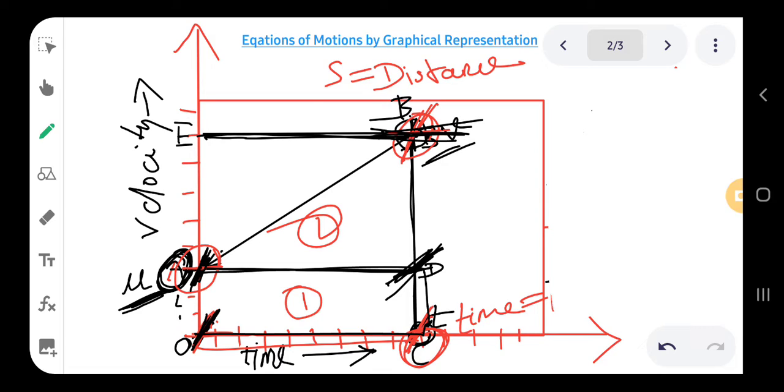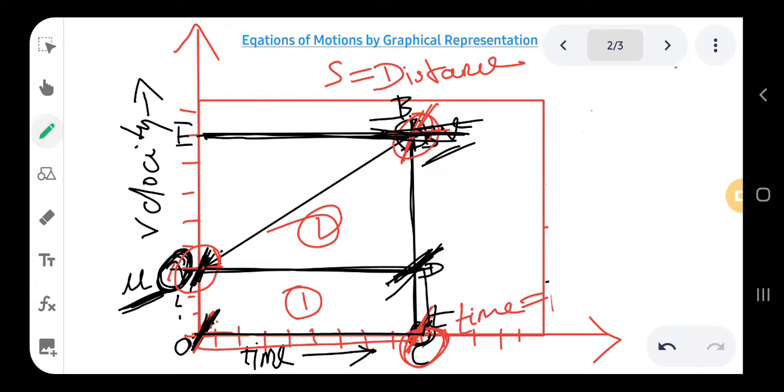If we won't divide it into two areas, how would we do it? Now, finding the area of a trapezium. Is the whole thing a trapezium? Yes, and the area formula of a trapezium is half into the sum of parallel sides into height.